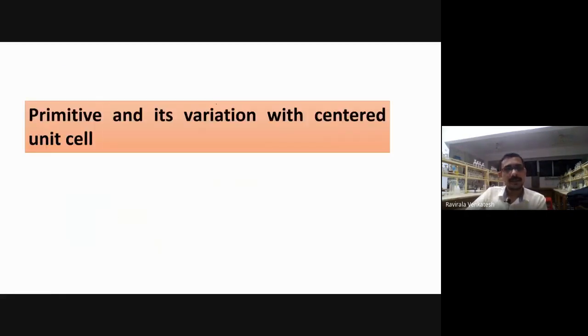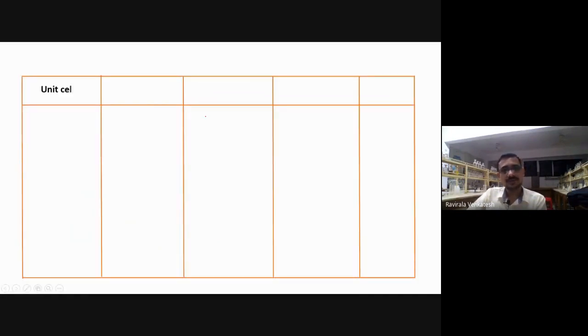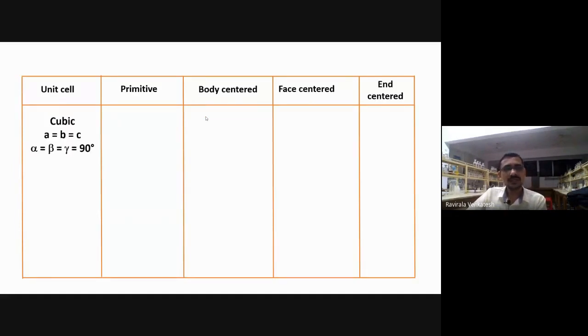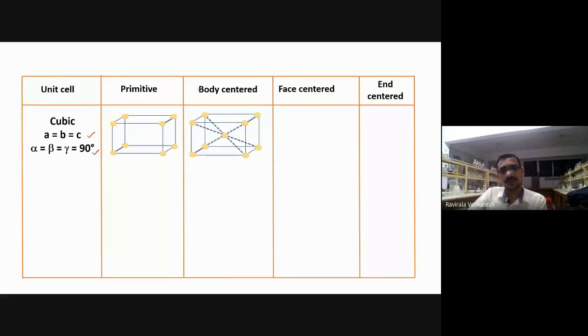Next, primitive and its variation with centered unit cells. We will take a table here. A cubic unit cell means A equal to B, B equal to C, alpha, beta, gamma also equal to 90 degrees. This is called a primitive cell. Now, body centered means it may have a constituent particle at the body center.